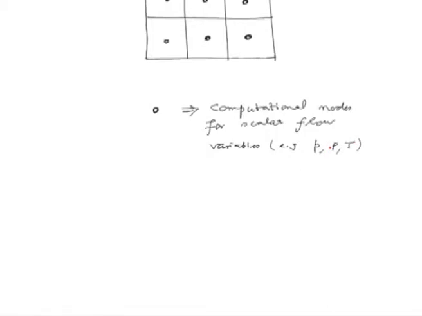The velocity components, their nodes would be defined at the cell faces. So, that is where the locations of u velocity components are.